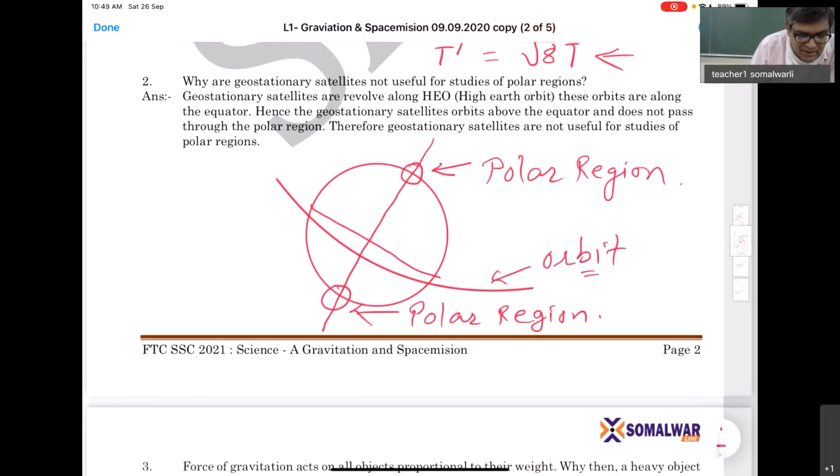That means they are in orbits which go over the equatorial region, and as a result of that, the satellites are not useful to these regions. And that is why we say that if you want to study polar regions, these satellites are not going to be of any use.